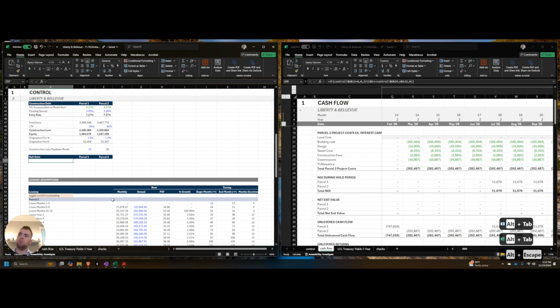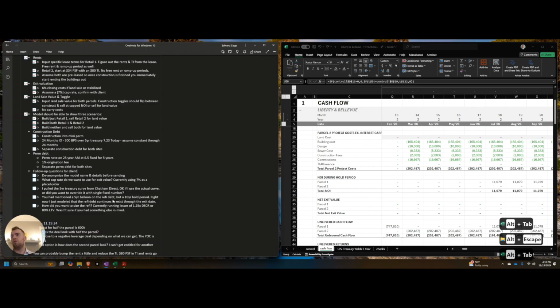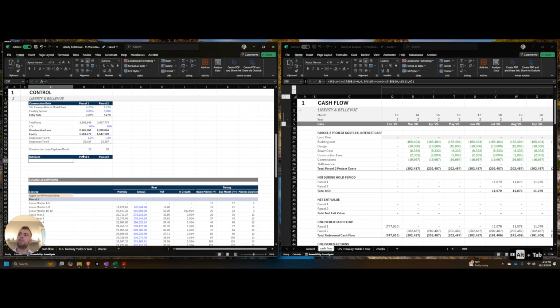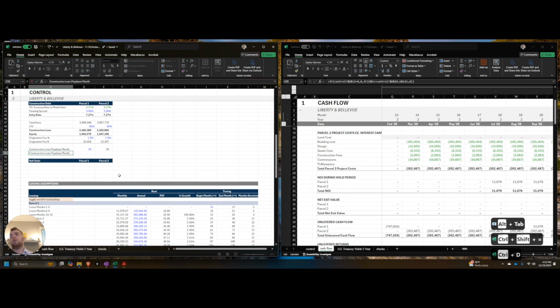We're going to need to toggle off the land sale and confirm the debt that I built also goes away. So pay down month, date.